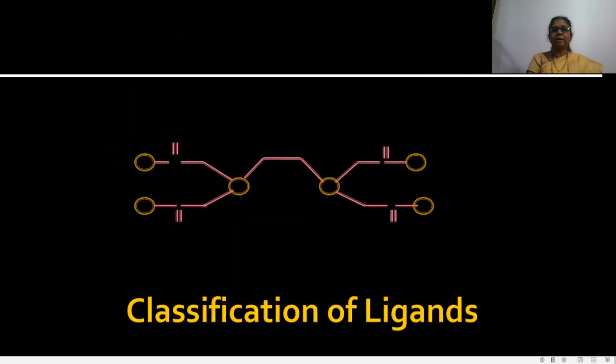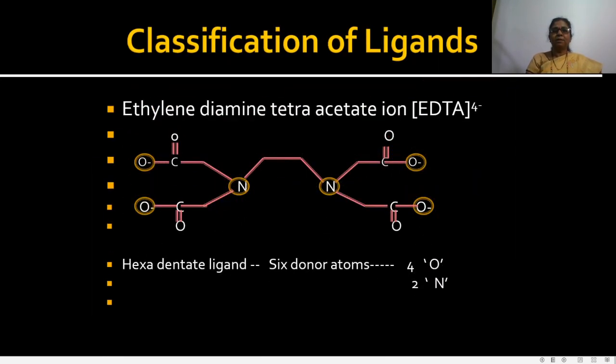Now see the next example, ethylene diamine tetraacetate ion, the EDTA ion. The EDTA ion has six attachments towards the central metal ion. It contains 4 oxygen atoms and 2 nitrogen atoms, and all of them are donating atoms.